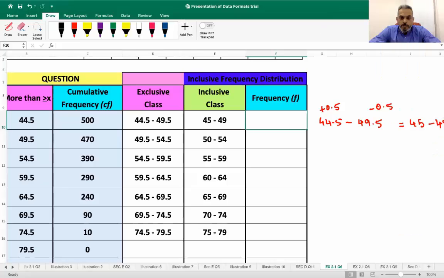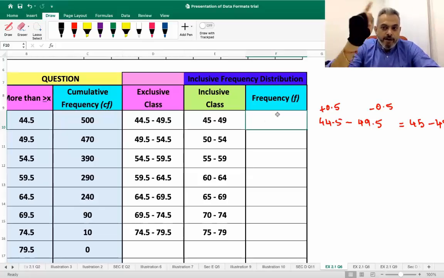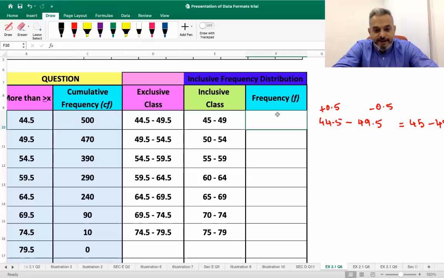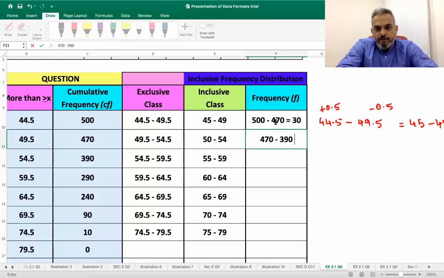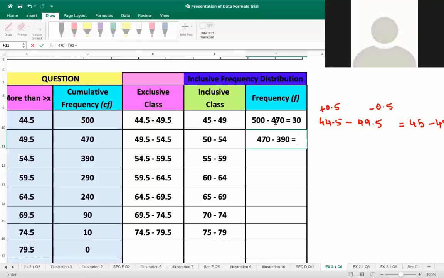Okay, now over here we write the frequency. Once again I am doing what we did in the last lecture. 500 minus 470, which is equal to 30. Then 470 minus 390 is 80.